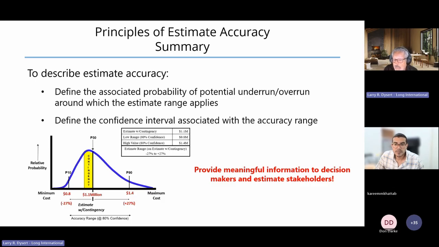So that's not a recommended practice. It's a guidance document in the technical section of the ACE website. You don't even need to be a member to get that document. That'll describe many of the various methodologies that can be used.